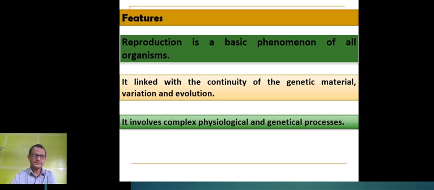Now, the features of reproduction. As I told you earlier, reproduction is the basic phenomenon of all living organisms, and it is linked with the continuity of the genetic material, variation, and evolution, and it involves some complex physiological and genetical processes among living organisms.